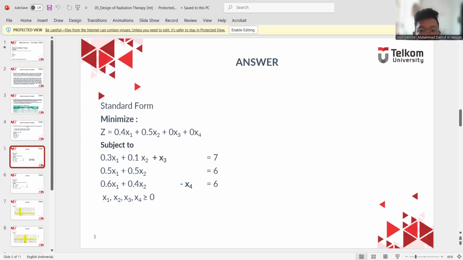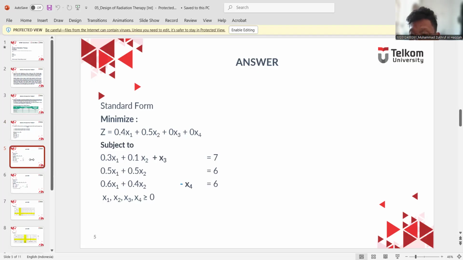Since our constraints include greater than or equal to inequalities, we must employ the Big M method or a similar technique.